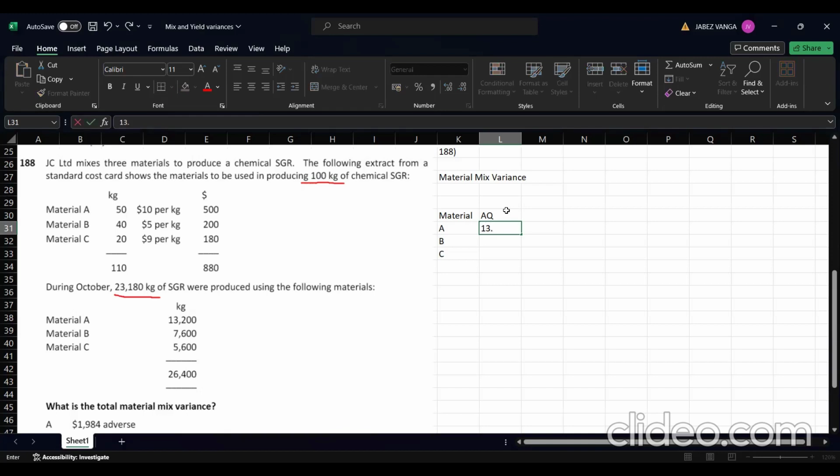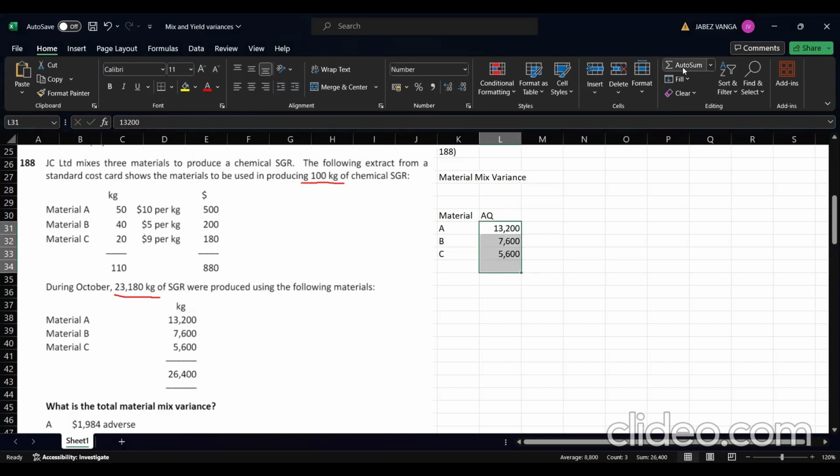So the details are given as 13,200, then we have 7,600 and 5,600 for C. When we total it up, the total amount is 26,400 kgs of input consumed.